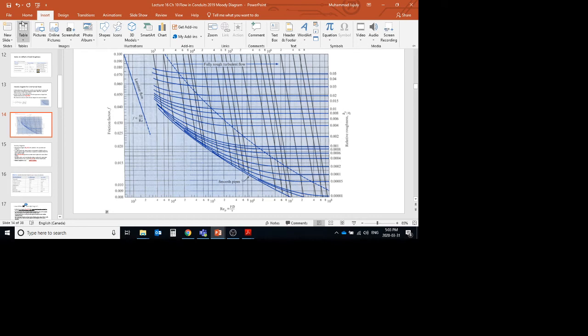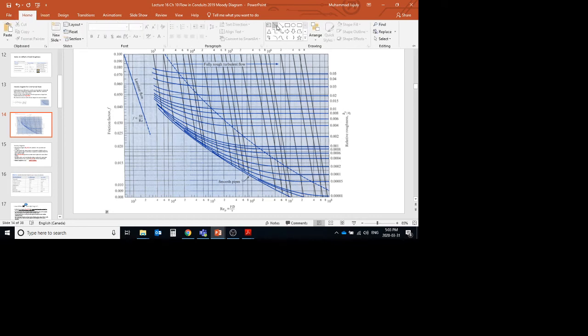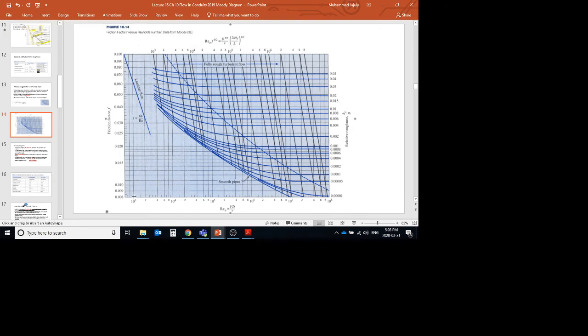At 1000, this is the laminar flow, and the friction factor would be 0.064. This is how we calculate the friction factor.